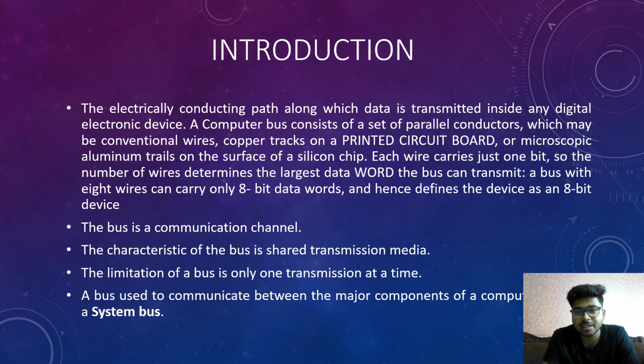Each wire carries just one bit, so the number of wires determines the largest data word the bus can transmit. A bus with 8 wires can only transmit 8 bits of data, and hence defines the device as an 8-bit device. The bus is a communication channel.